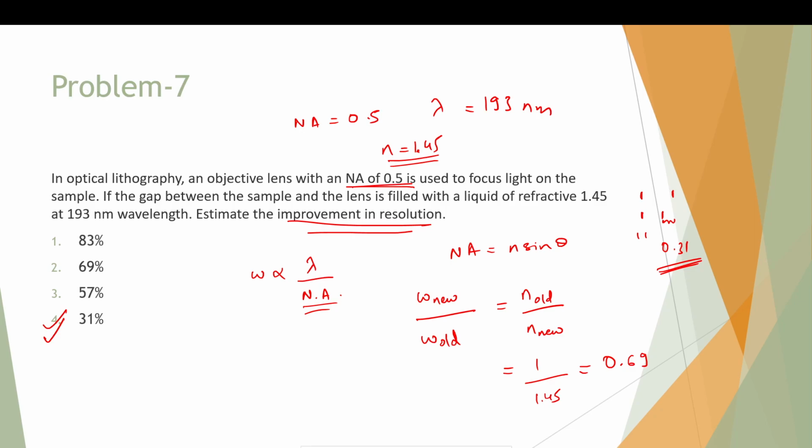Can you explain how you got n old value 1? So it's not explicitly mentioned here, but whenever it's not mentioned, it's assumed that in the projection setup there is only air in between the projection lens and the substrate.